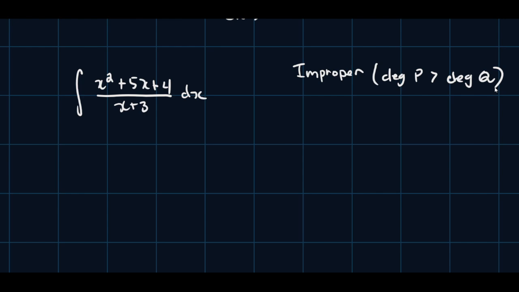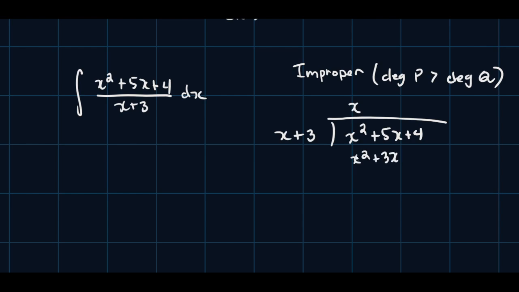Okay? So performing long division, we have x² + 5x + 4 divided by x + 3. So x² + 3x. Subtract this. We have 2x + 4. So we have here plus 2.